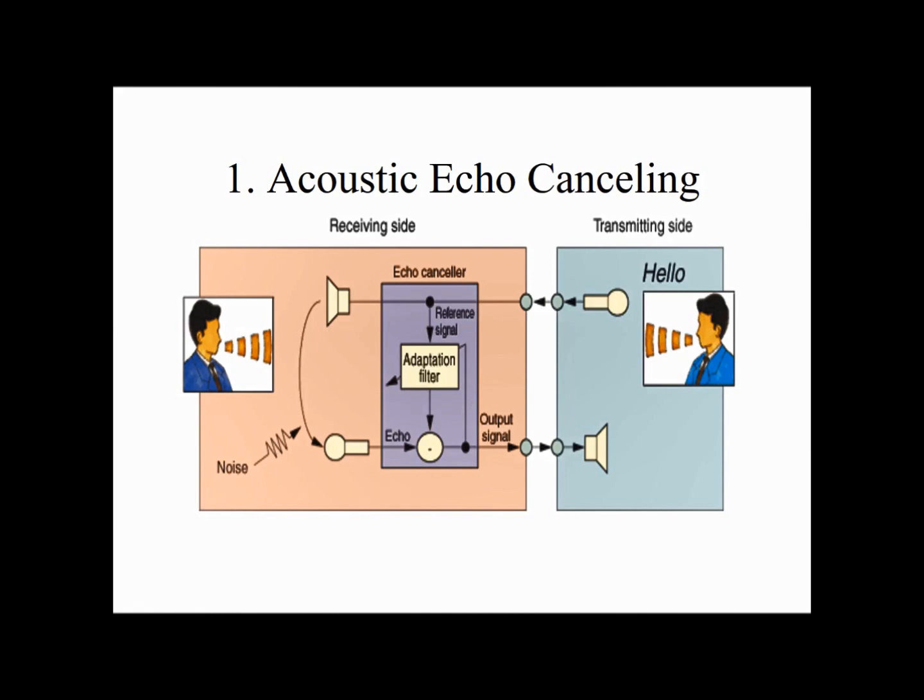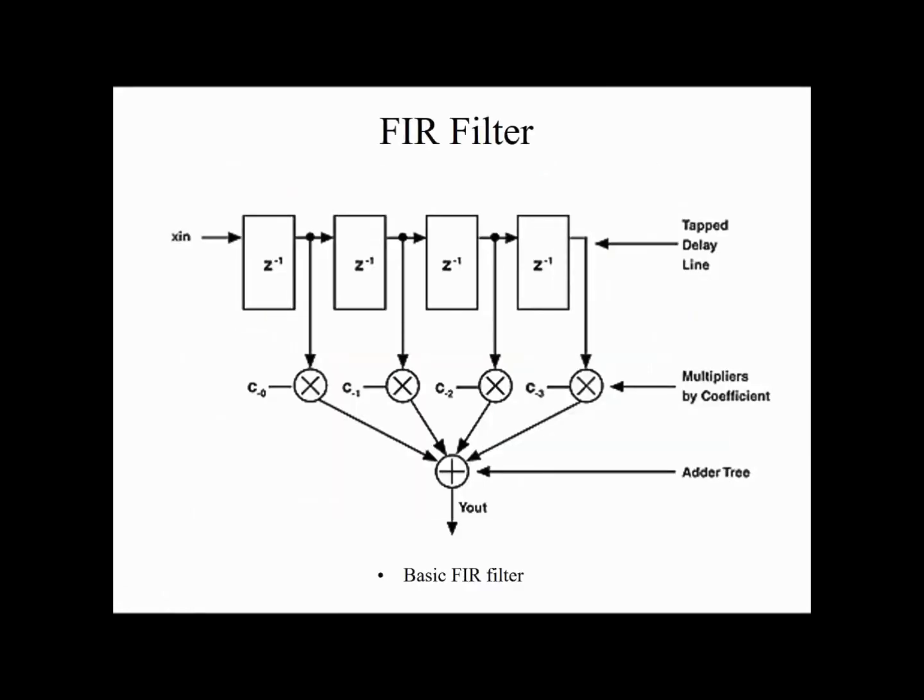Next, in the next slide, I'll show you the FIR, finite impulse response filter, with this delay line. Z inverse, Z to the minus 1, is the delay line, and the tap coefficients C0, C1, C2, for instance, are multiplier coefficients. These coefficients should estimate the echo path.